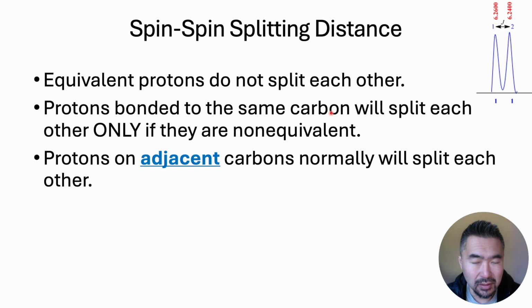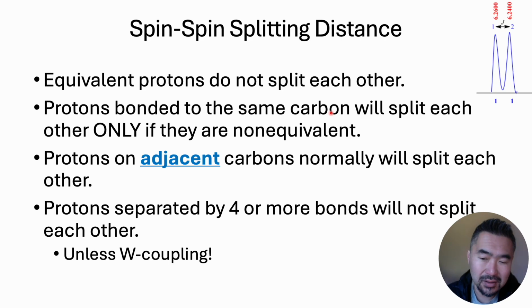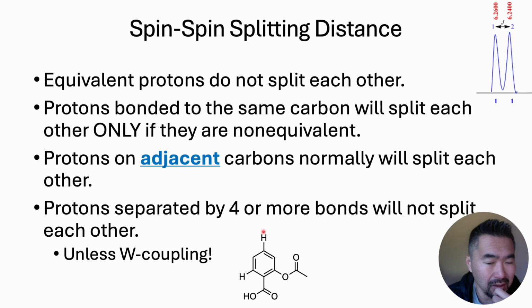But the typical proton distance that you're seeing for the typical splitting is when two protons on two neighboring carbons are adjacent to each other, right? Those are the most typical splitting that you see. If two protons are separated by 4 or more bonds, typically they won't split, unless there's a thing called W coupling.